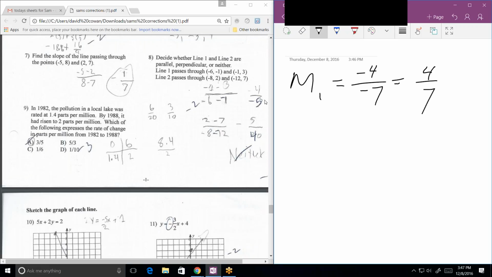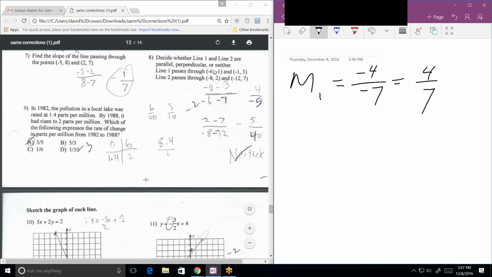Correct? I didn't do my math wrong, did I? I don't think so. No, -1 minus 3 is -4, and -6 minus 1 is -7. So this -5, that looks like her writing.